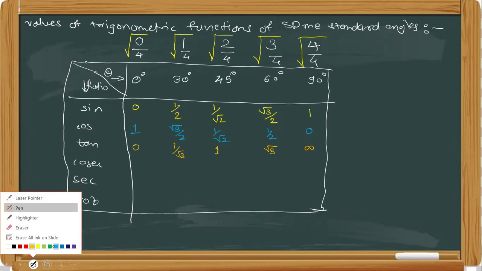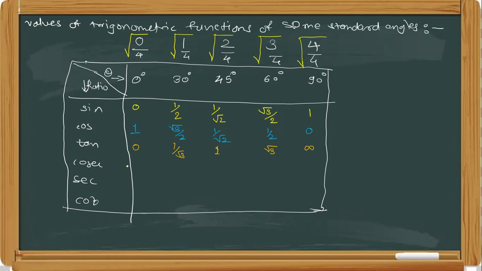Now next, cosec. 1 upon sine, 1 over sine, it will be infinity. 1 upon 2, its reciprocal is 2. 1 upon root 2, it will be root 2. It will be 2 upon root 3. Then 1 upon 1 is 1. Then write sec in reverse order.